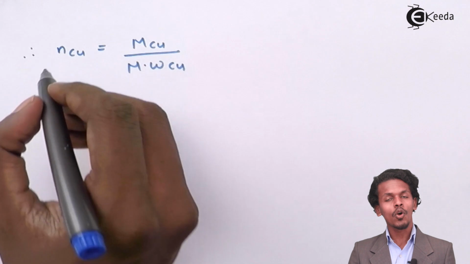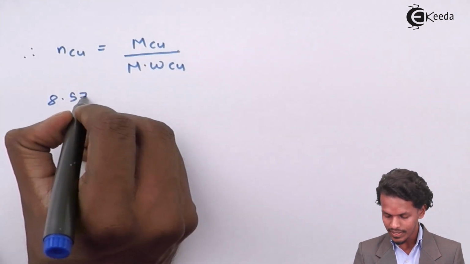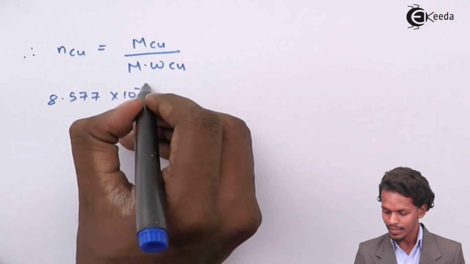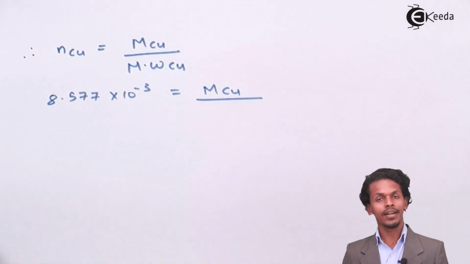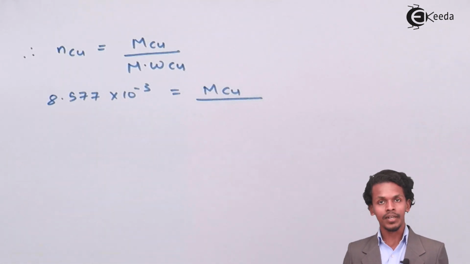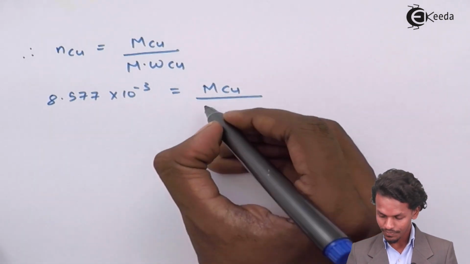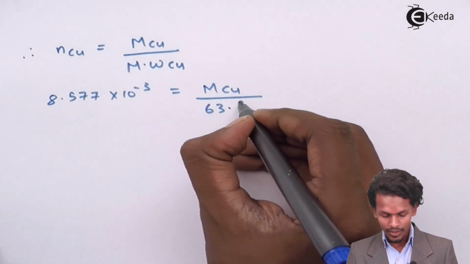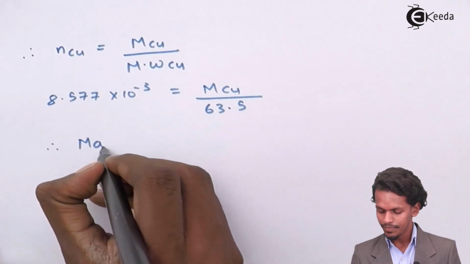The number of moles of copper has been calculated as 8.577 into 10 raised to minus 3, and the mass of copper has to be calculated, divided by the molecular weight of copper. The molecular weight of copper that they have provided to us is 63.5 gram per mole.